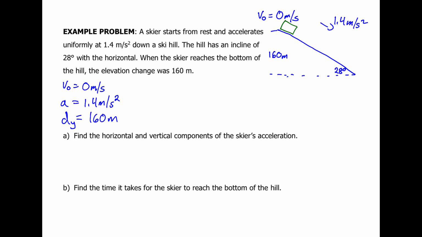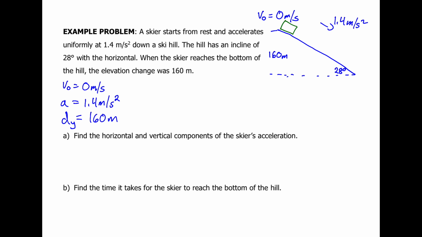So I'm going to make sure that gets labeled dy. The Y part of its displacement is 160. Is its overall displacement 160? No. The distance between here and here won't be 160. It'll be more than that because of a hypotenuse. But we just know the vertical change will be that.